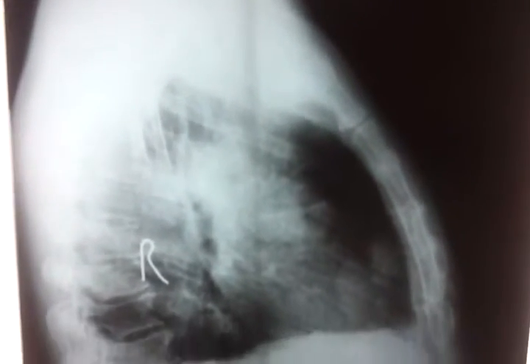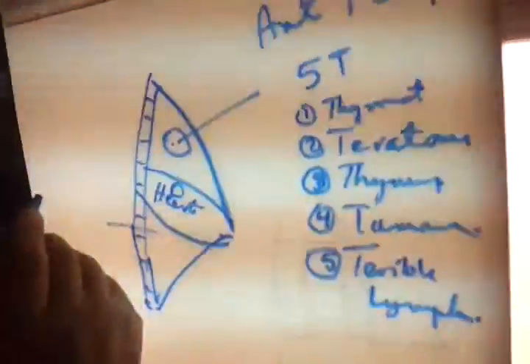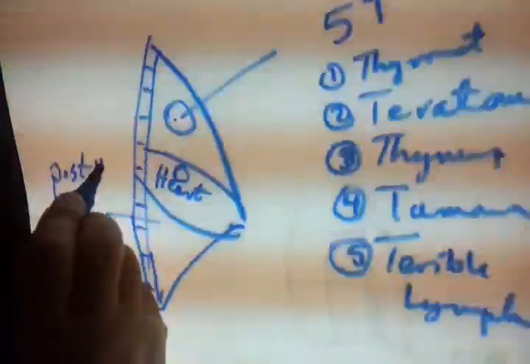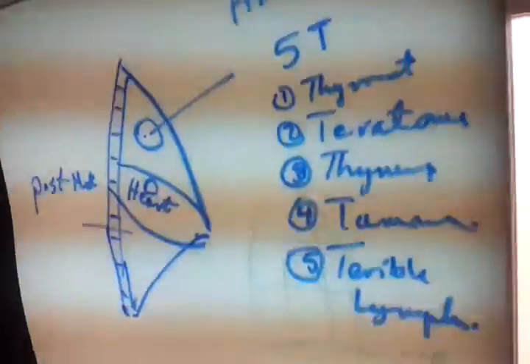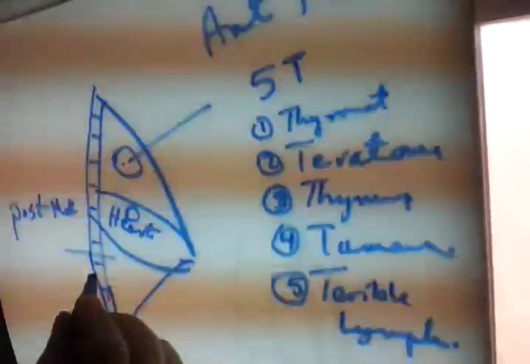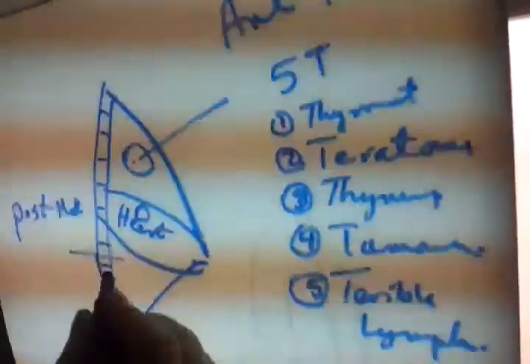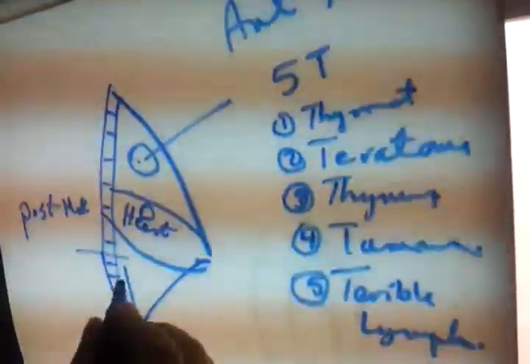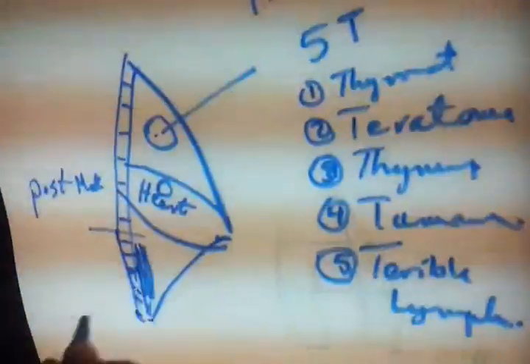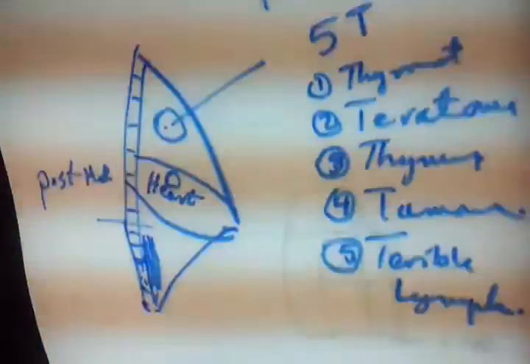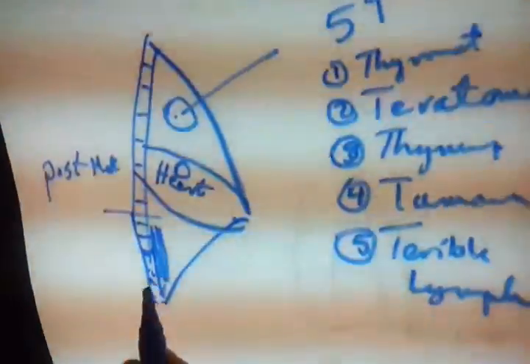Any lesion in the posterior mediastinum, this is the posterior mediastinum. What do we get in the posterior mediastinum? We get the vertebrae. We get the esophagus. We get the aorta there. Therefore, diseases of these 3 or 4 organs.